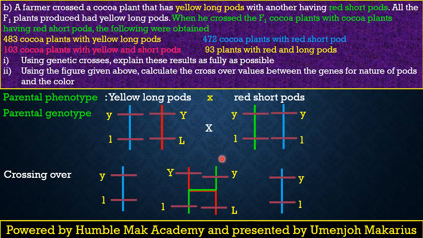After crossing over, these two segments are going to split at this point, and we are going to have this gene coming out and this gene coming out. I hope you understood what is meant by crossing over. This is the process of crossing over that actually occurs. We split transversely from top to bottom. Let's go to the next slide and see what happens.